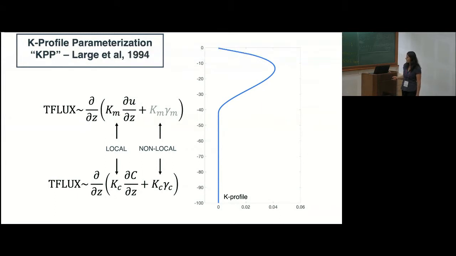But another thing that it has is this non-local component, and this is because during, for example, destabilizing surface conditions, you can have these convective plumes that are taking water from the surface and bringing it all the way down to depth and then all the way up to the surface. And that's clearly not a local event, that's a non-local transport.